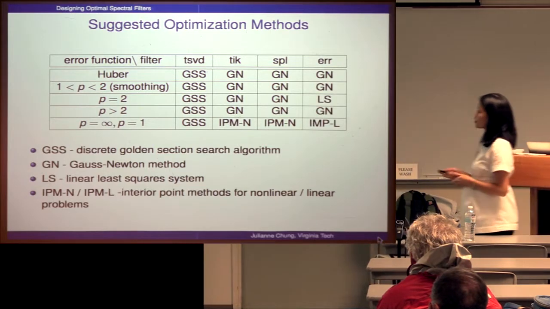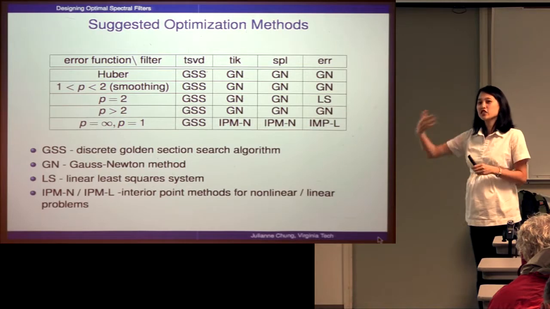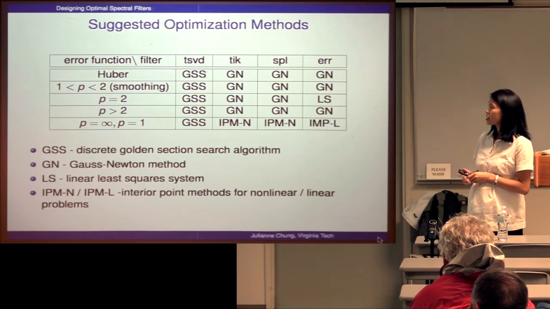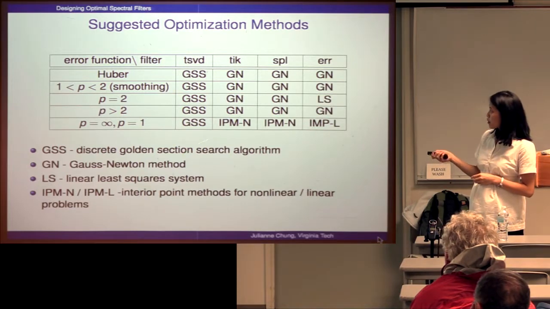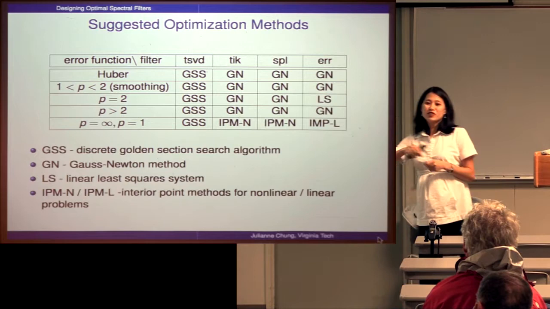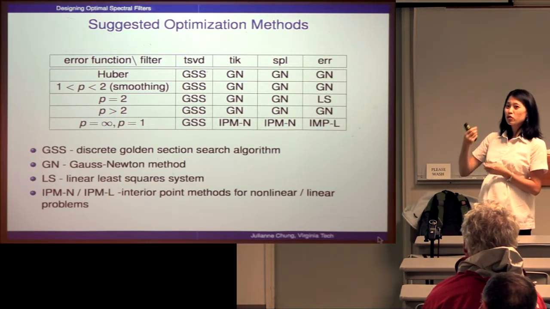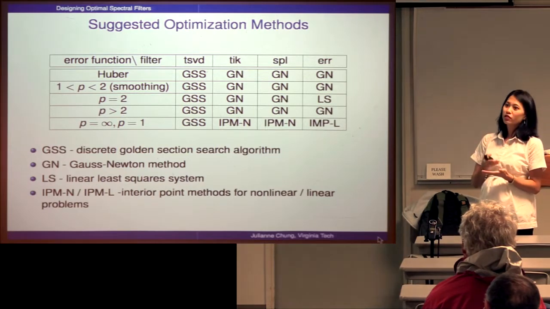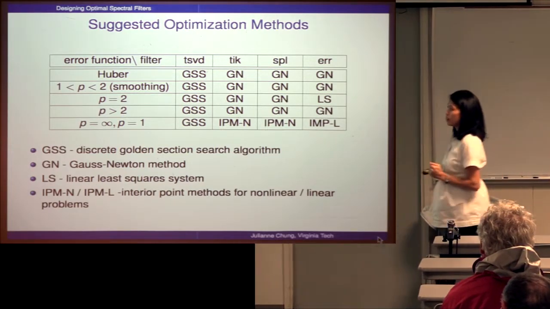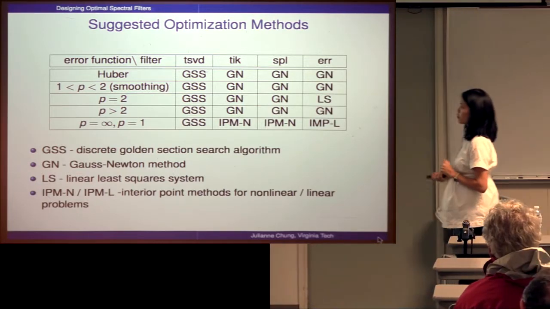For p equals infinity or p equals 1, you can recast your problem as a constrained optimization problem and use interior point methods. But there is a caveat: when you reformulate as a constrained optimization problem, you increase the number of unknowns and the number of constraints. So it's a very large, difficult problem, and you have to be careful with that.